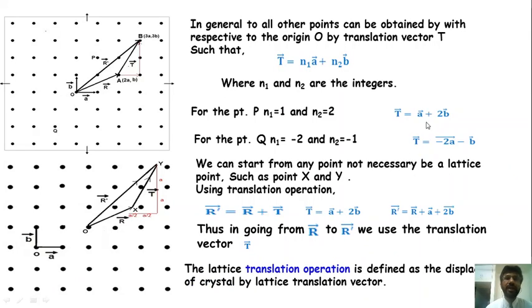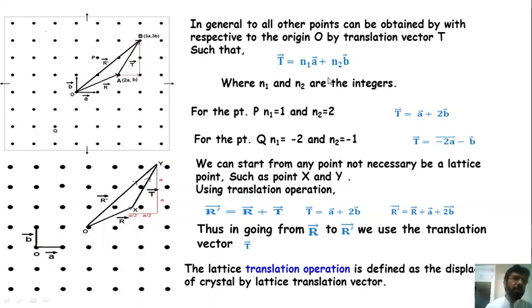Therefore, in general, we can write the equation for the translation vector with respect to the origin as T is equal to n1 vector A plus n2 vector B. Here n1 and n2 are integers and vector A and vector B are the fundamental translation vectors.